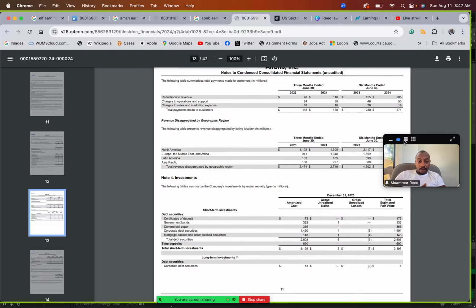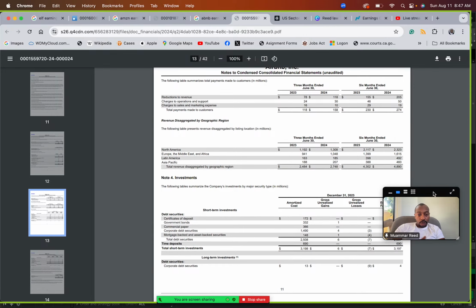But if you're looking at their quarterly revenue, it's going up, but it's not growing as fast as it used to, you know. But it's going up. The North America revenue went up by what, like 200 million, no, 100 million.